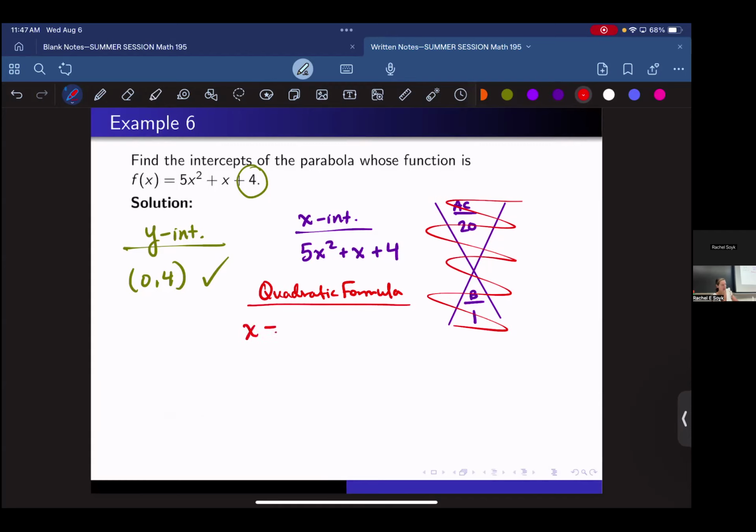So x is equal to negative b, which is just -1, plus or minus, and I'll put your a, b, and c over here so you could follow along. 5, 1, 4, plus or minus square root. B squared is just 1 squared, which is 1, minus 4 times a times c, all over 2 times a, which is 2 times 5, which is 10.